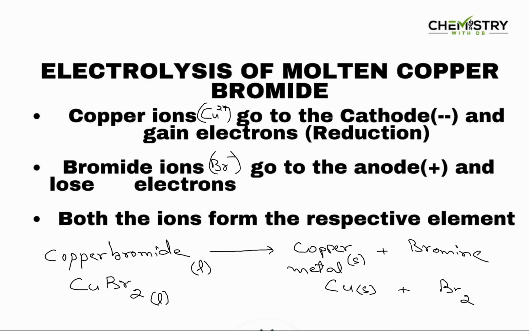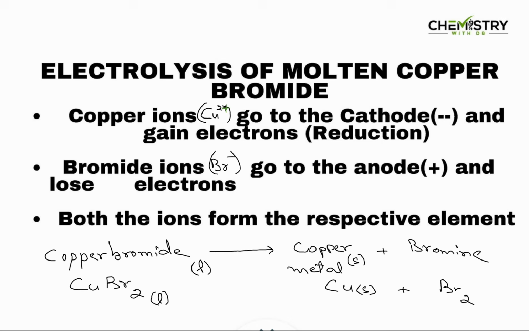Now when we were electrolyzing the molten copper bromide, it was made up of Cu2+ ions and bromide ions. The positive ions, the Cu2+ ions, being positively charged, will go to the negative cathode, and they will gain electrons. I'll show this in half equation form also.